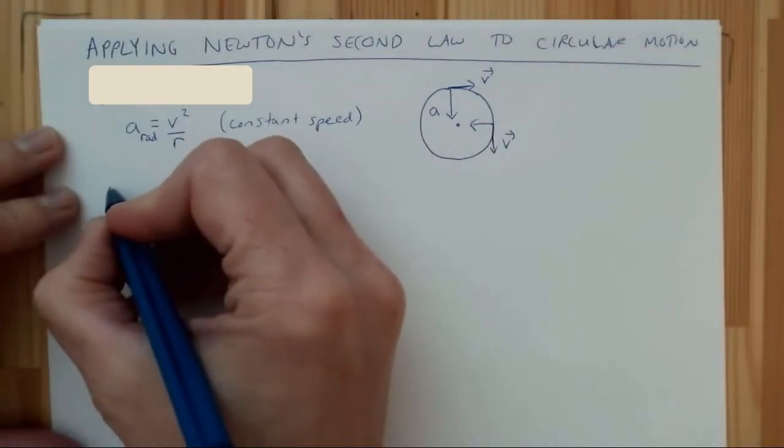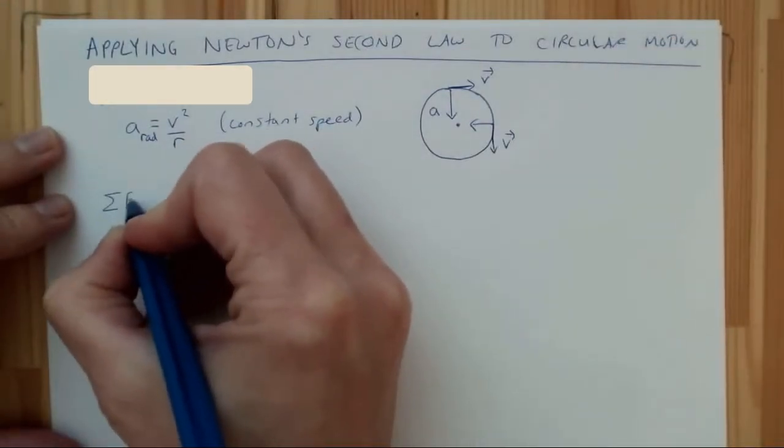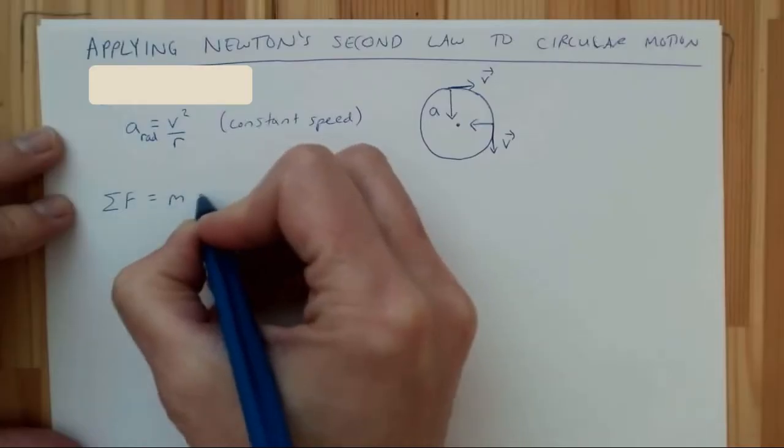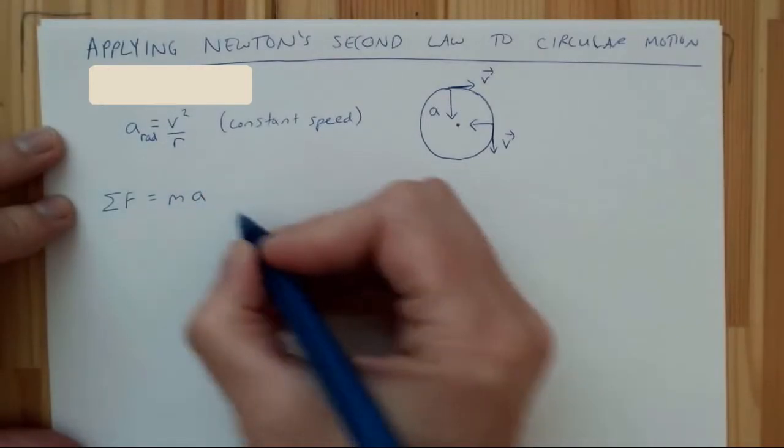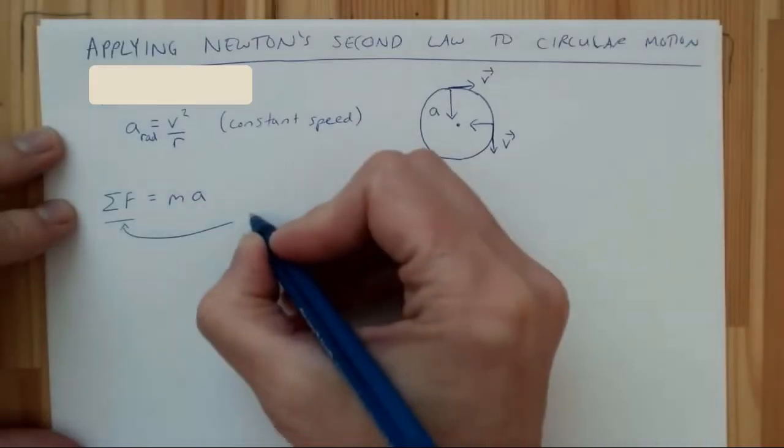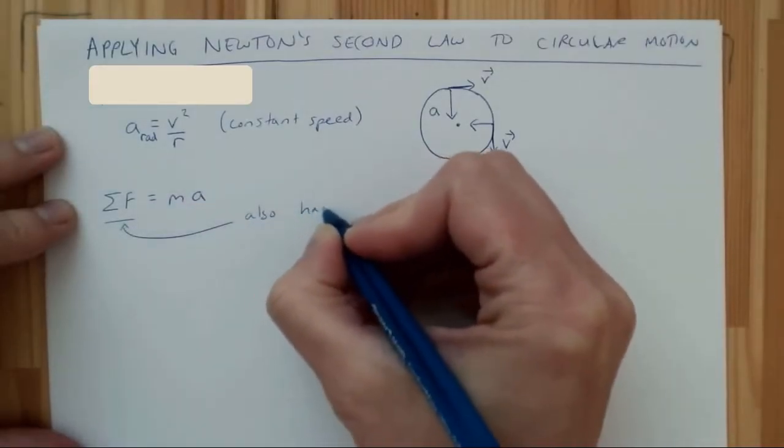So what that allows us to do now, when we use Newton's law of force equals mass times acceleration, is that the net force also has to be towards the center of the circle.